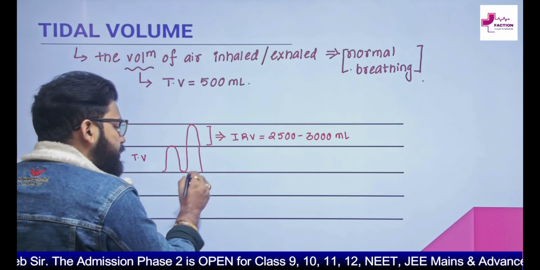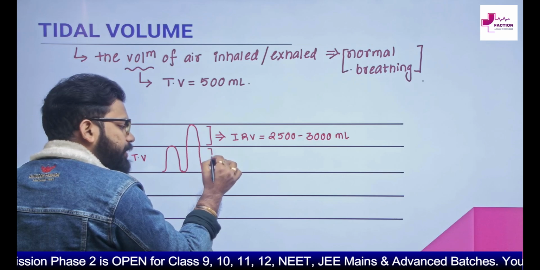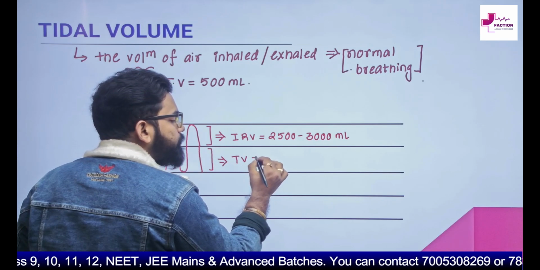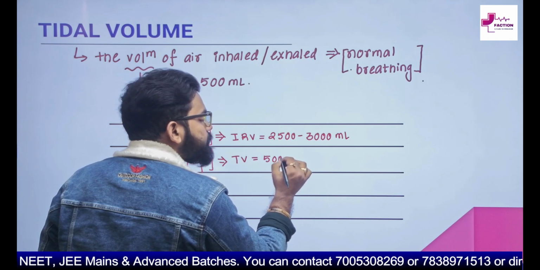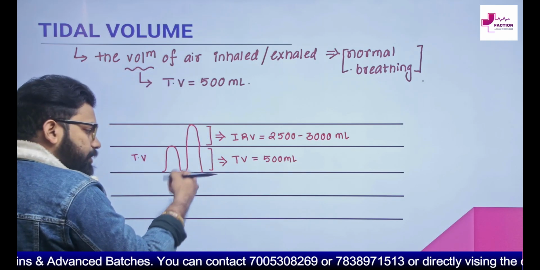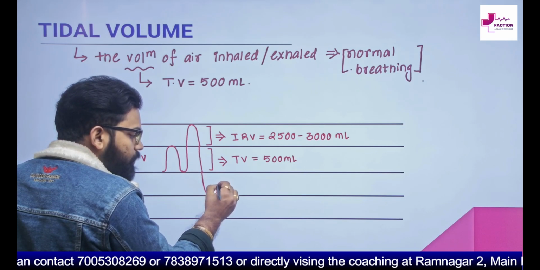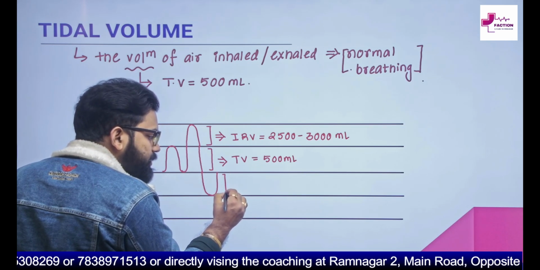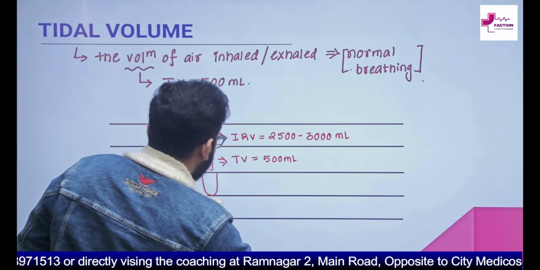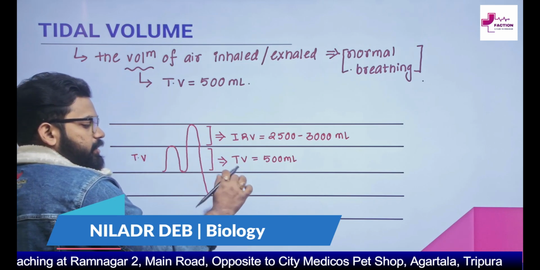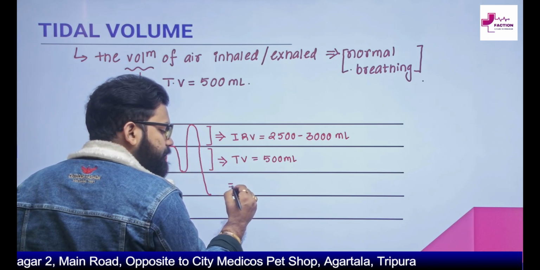Similarly, you can also exhale this amount of air. This is the tidal volume of 500 ml, and by forceful exhalation, you can give out this amount of air. This much amount of air you can expel out by forceful exhalation.